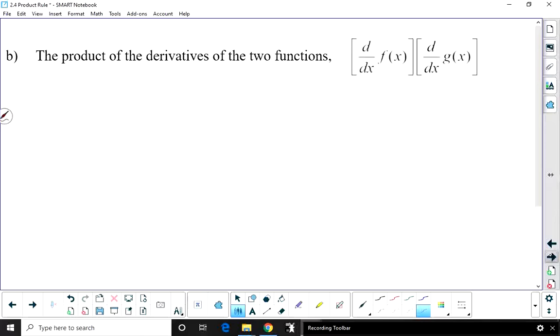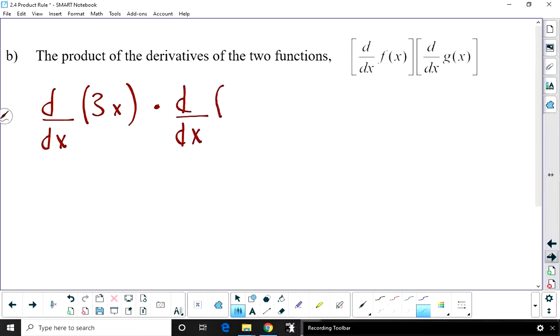Part B says, what's the product of the derivatives? So this means, let's take the derivative with respect to x of 3x and multiply by the derivative with respect to x of x squared. And by the way, the value in doing this warm-up is not just related to the product rule.